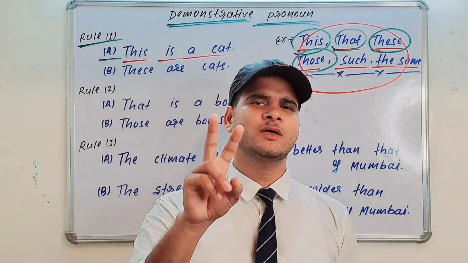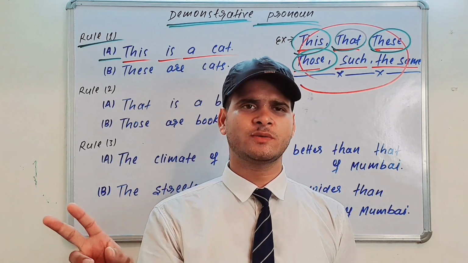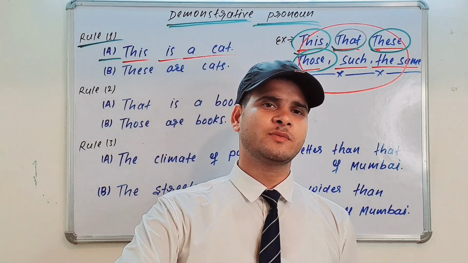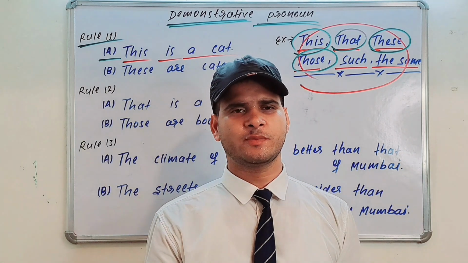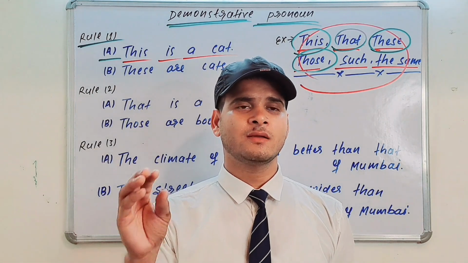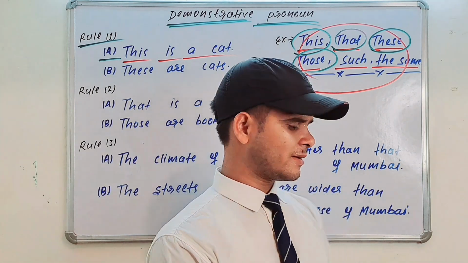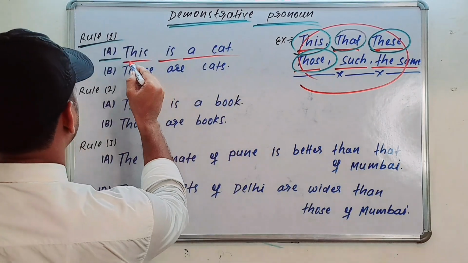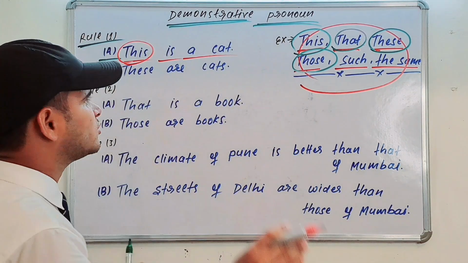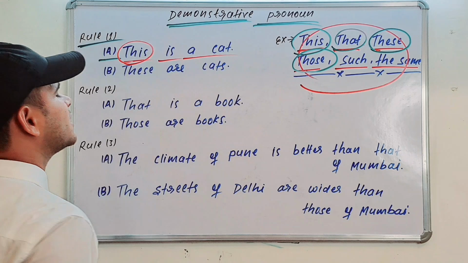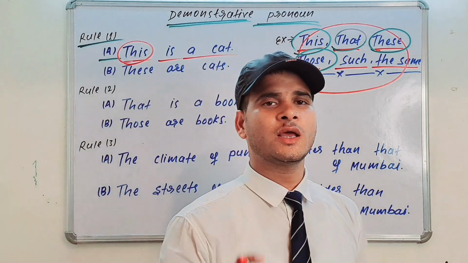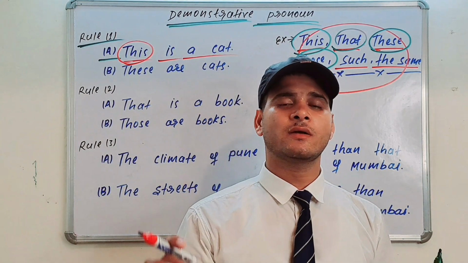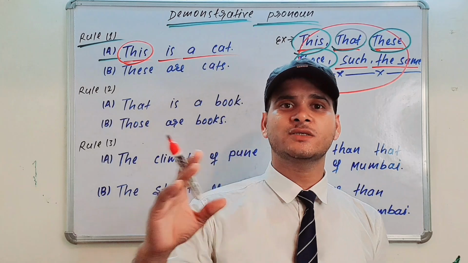I told you there are two types of demonstrative pronoun: singular and plural. The demonstrative pronoun this, I'm talking about this one here, is used to point out the nearest singular noun.